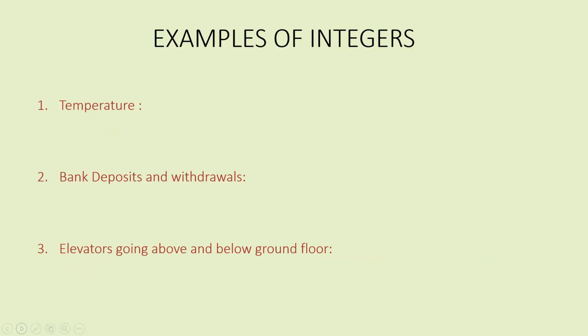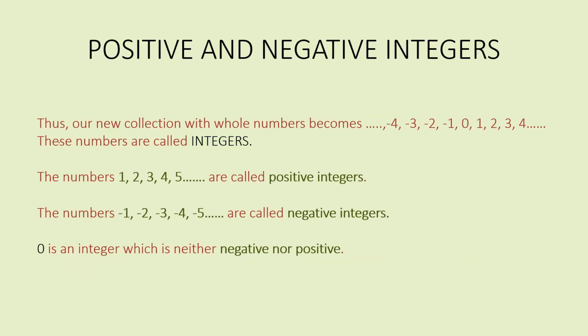What does it say? Our new collection with whole numbers becomes -4, -3, -2, -1, it goes to 0, and it goes to positive numbers also. This is called integers.